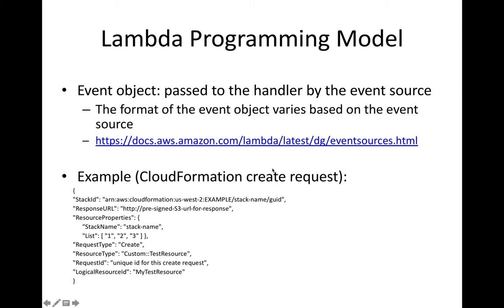So if we're creating what's called a custom resource in CloudFormation, that can be used to trigger a Lambda function, and CloudFormation will actually pass in an event object into that Lambda function. And that event object is this JSON object that includes all of these different attributes. Your Lambda function then can access these different attributes as part of its execution and as part of the business logic.